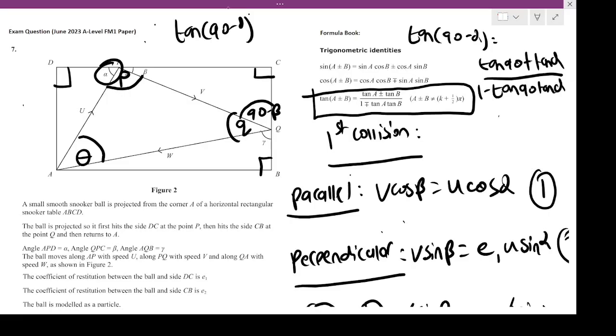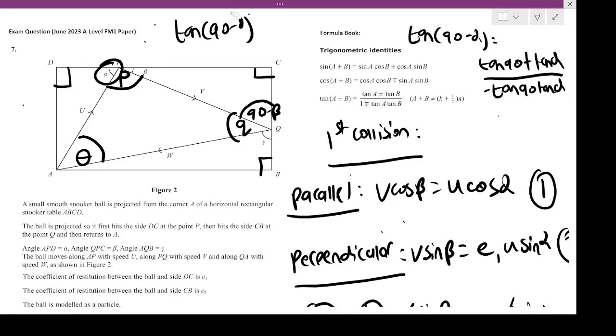That's when you use the compound angle formula for tan to expand this expression. But you can see the issue here: we're going to need to evaluate tan 90, which is undefined.